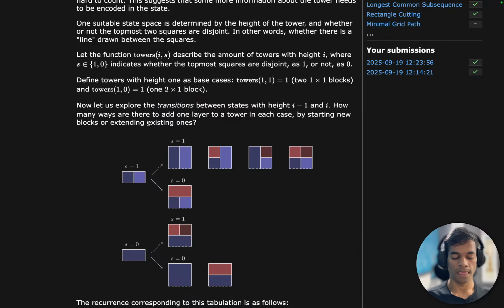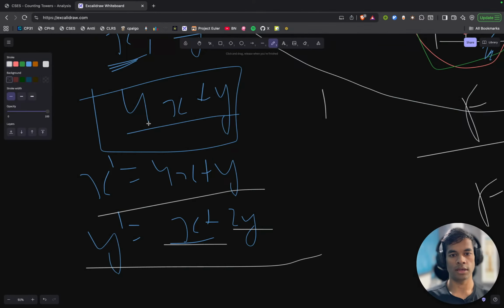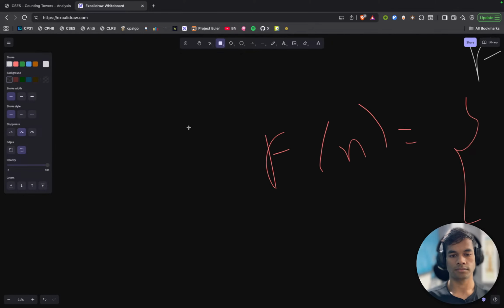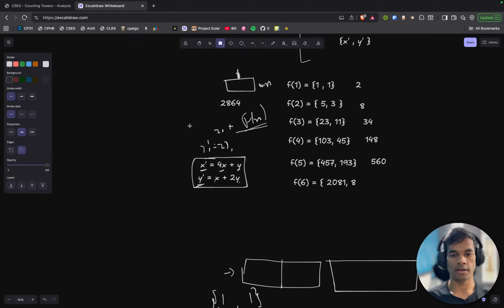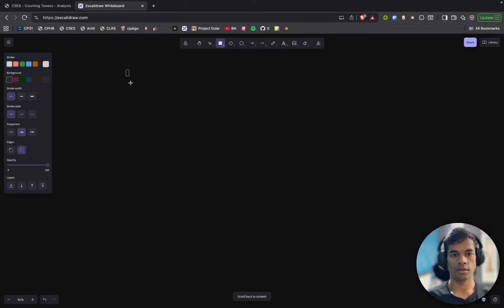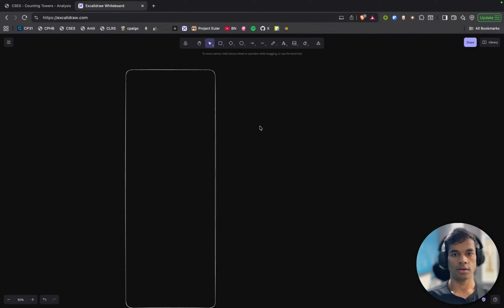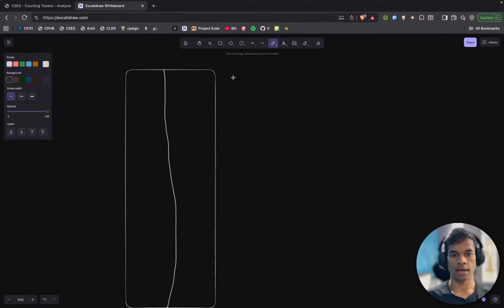So they are saying to create a table like this, with i, which is the height of the tower, where the maximum is n and the minimum is 1, and here we have 0 and 1. 0 indicates there is no split, and 1 indicates there is a split, and how many possibilities there are.